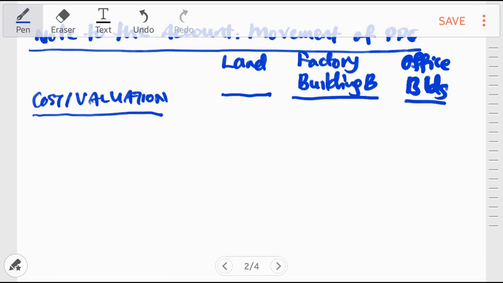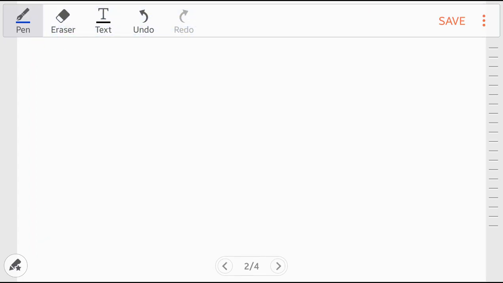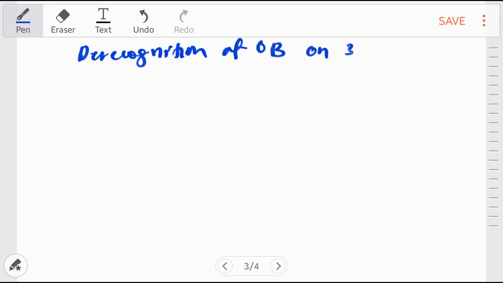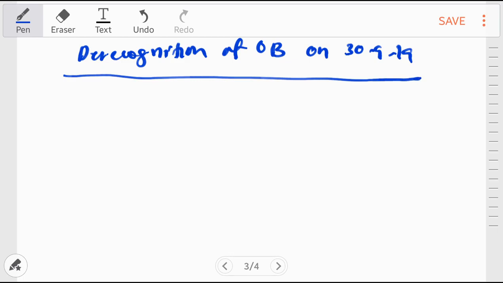Before that, I would like to highlight that for the office building, there was one more transaction that affects it, which we have not discussed, which is additional information number 4. So we'll be doing that somewhere here at page 3, on the derecognition of office building, and that happened on 30th of September 2019.